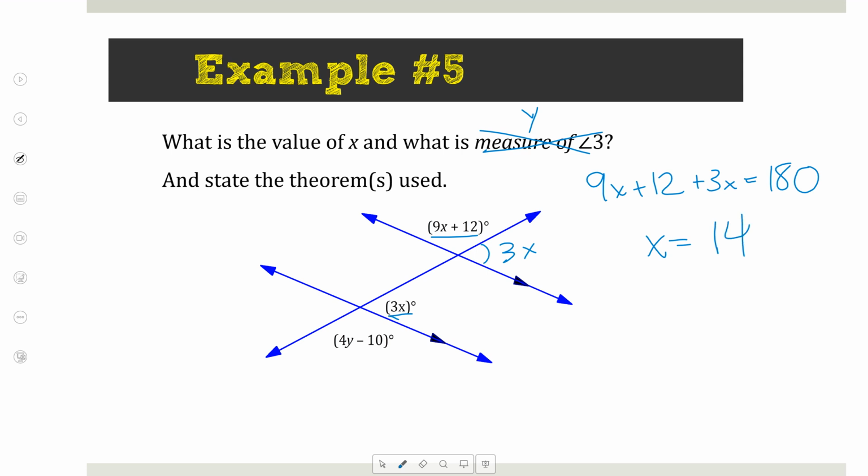How do I find y? You set 9x plus 12 equal to 4y minus 10, but you plug x in. Do I have to plug it in there?